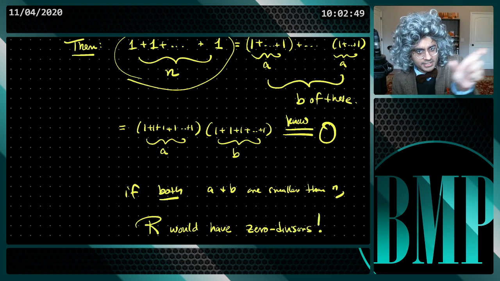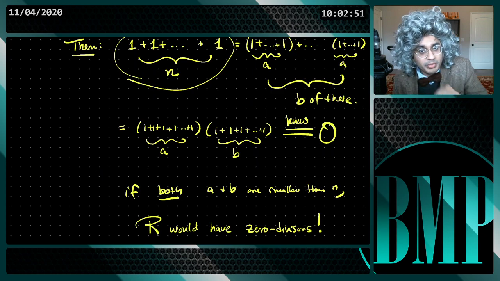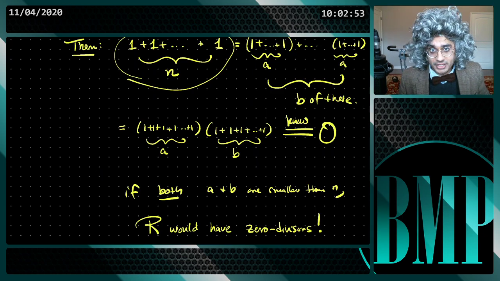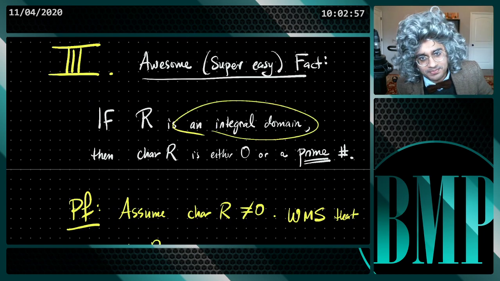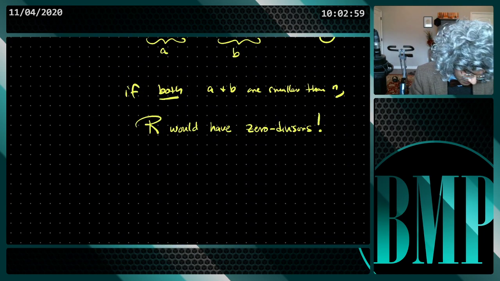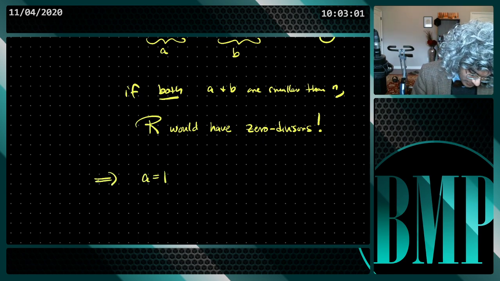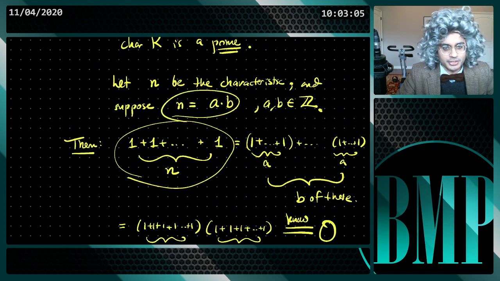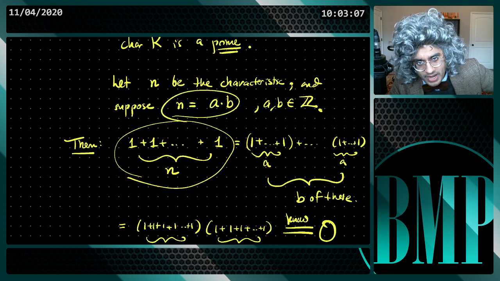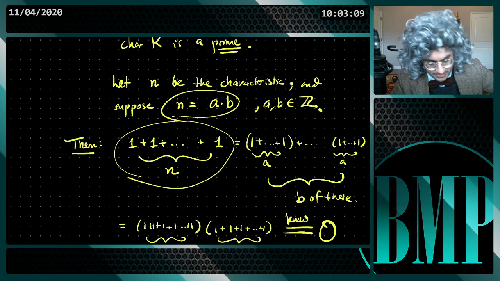Namely, these two elements would be 0 divisors. Bad news if you're in an integral domain. So, A equals 1 or B equals 1. In other words, it's impossible to factor n in any way other than 1 times n.